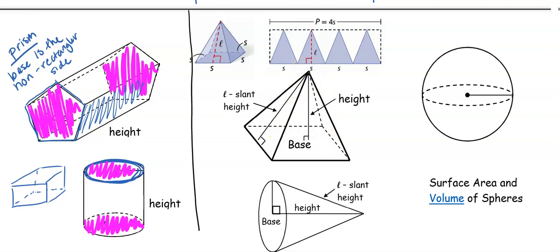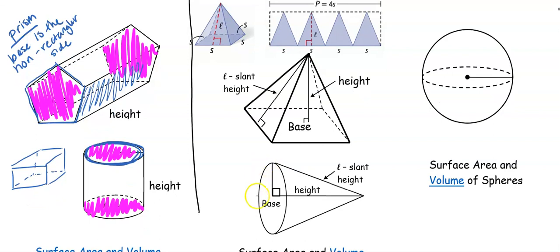So it doesn't have that consistent shape the whole way. Same thing is true for your cone. I have a circular base like I do for a cylinder, but it's not consistent. It tapers to a point. So unlike the prism and the cylinder, pyramids and cones don't have a consistent shape the entire height.